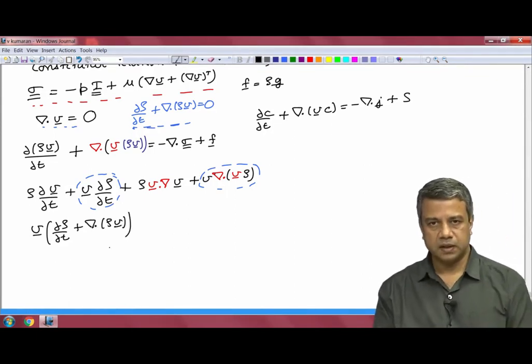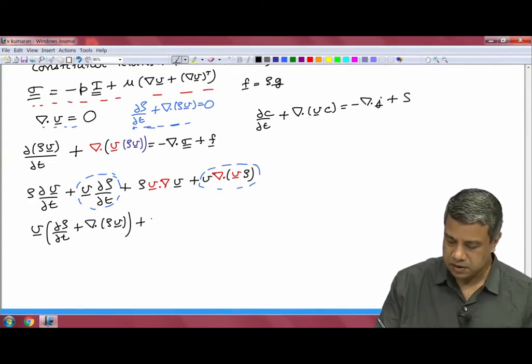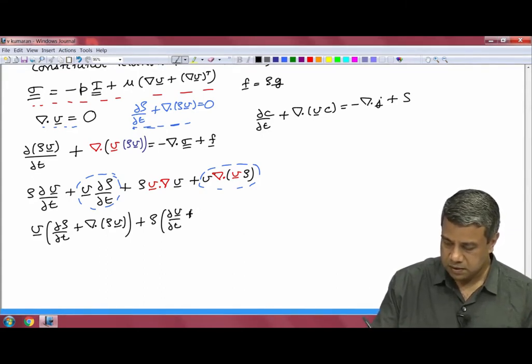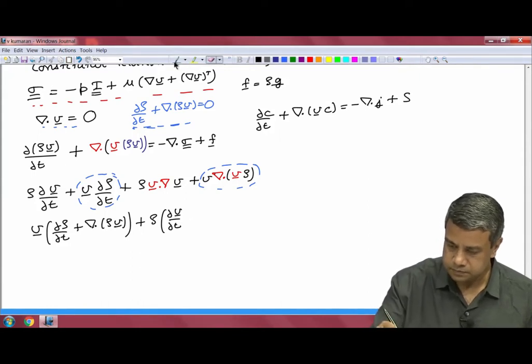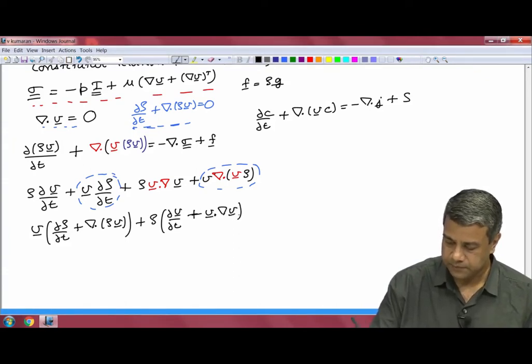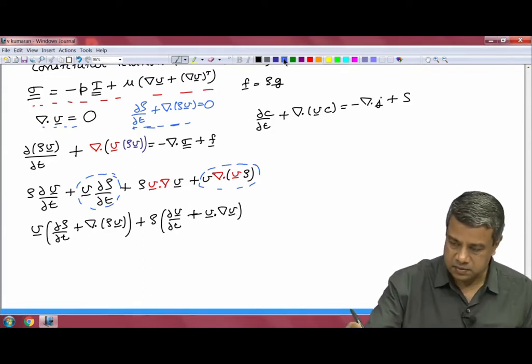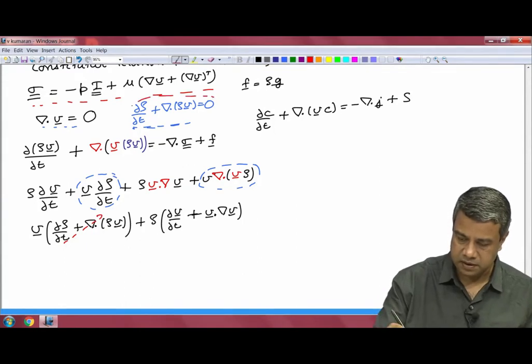That is the mass conservation equation, plus a second term which is partial v by partial t plus v dot grad v. And this sums to 0 because of mass conservation, because of this mass conservation equation here.